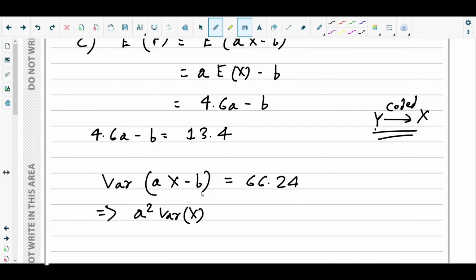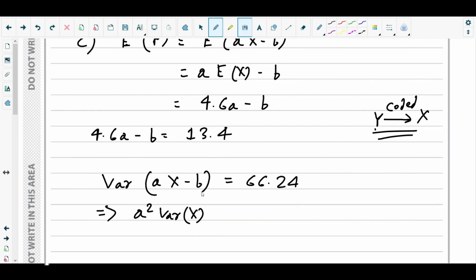So we can get the value for a here. a squared equals 66.24 over 4.14, that's the variance of x. 66.24 divided by 4.14 would give you 16.